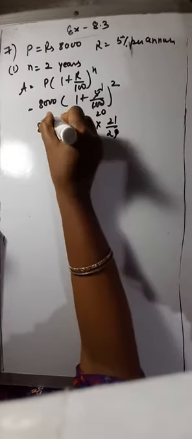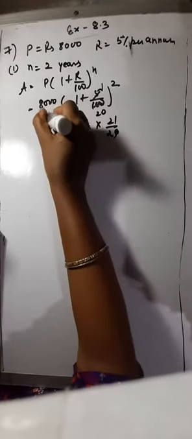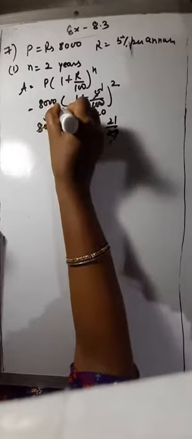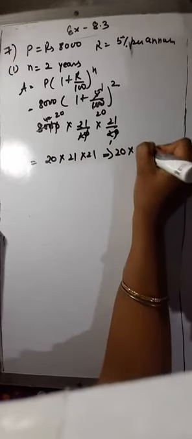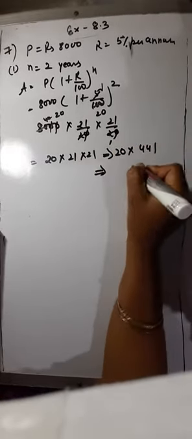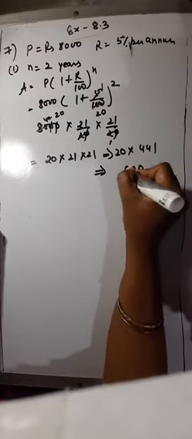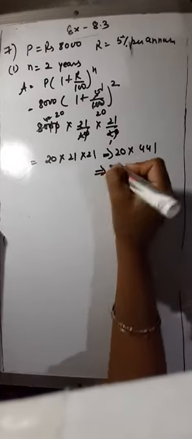We cancel zeros, we multiply 20 into 21 into 21. This implies 20 into 441. We get 8,820 rupees.